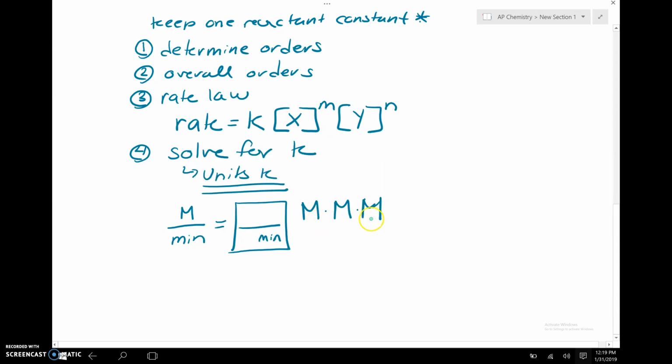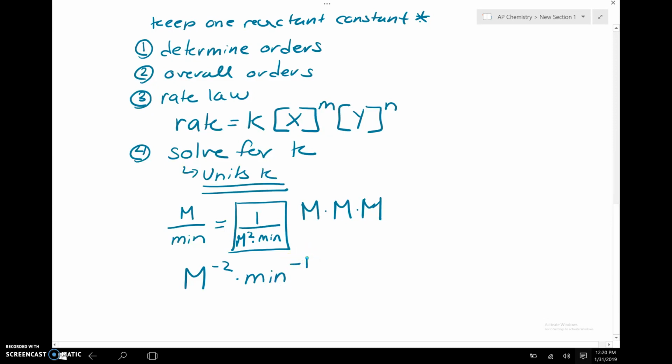I have 3 molarities up here. That's too many. I only need 1. So I need to cancel out 2 of these molarities. The way I cancel them out is putting them on the bottom of this fraction, molarity squared. And so the unit for K is really 1 over molarity squared times minute, which I could report as molarity^-2, minutes^-1.